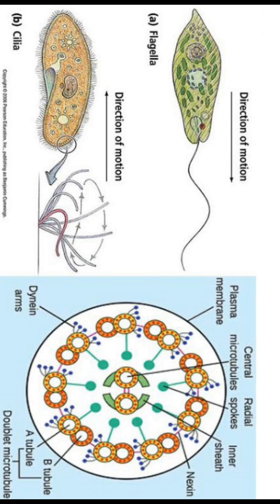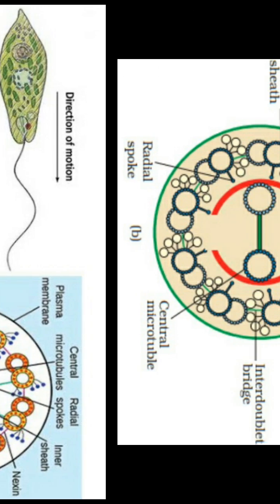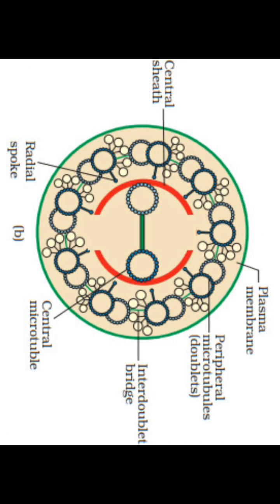They are situated at the border side, also called the peripheral side. You can see on the screen very clearly. So 9 microtubule doublets are present on the peripheral side. Understand? Please watch the screen. In this diagram you can see very clearly.